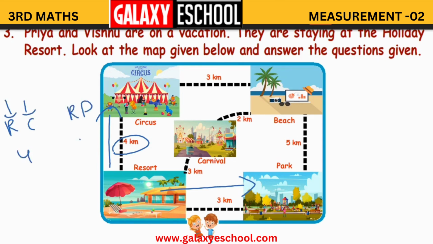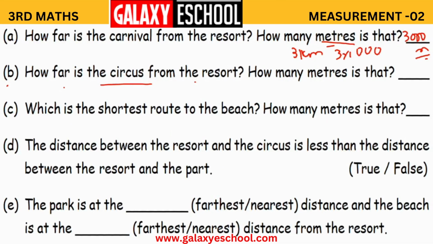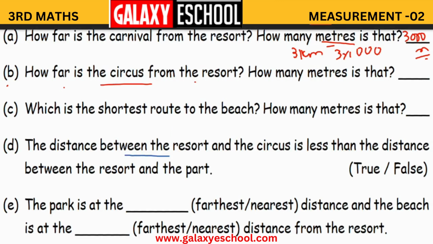Resort and park is 3 kilometers. Now which is the smaller one? The distance between resort and circus is greater than the distance between resort and park. But here in the question they have given that it is less than. So the statement is false.